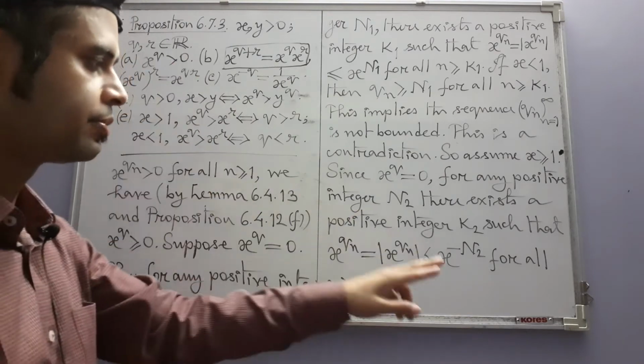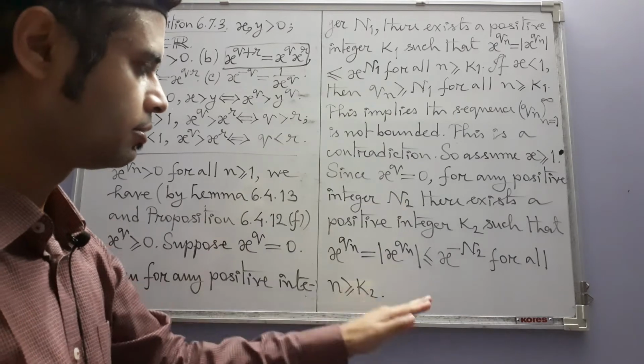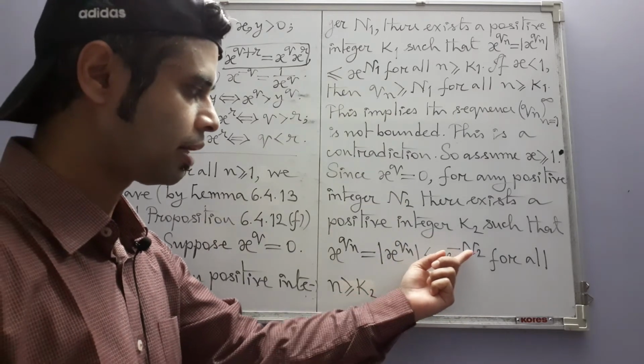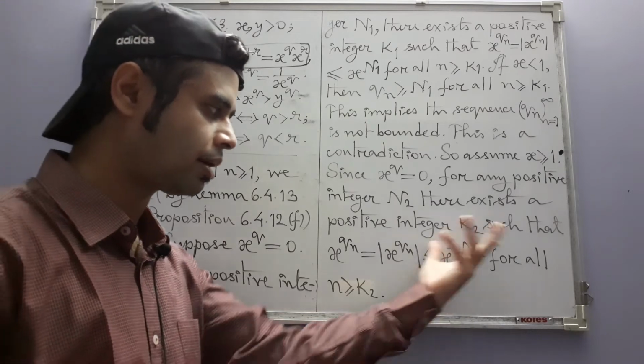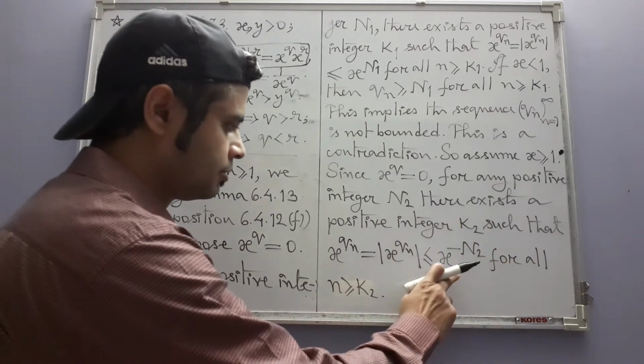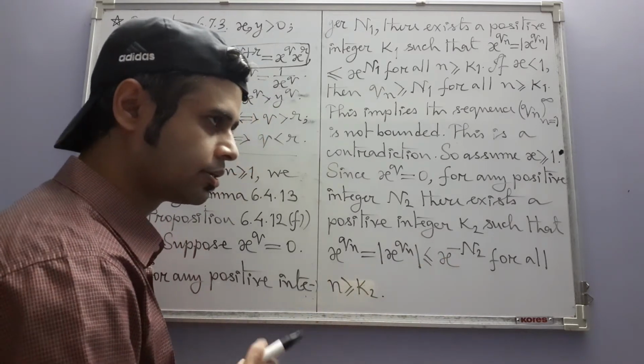Note that just like here we chose this value of epsilon, this also can be chosen in place of epsilon, because although minus n2 is a negative integer, the power x to the power minus n2 is a positive real number. So these inequalities are true, and they are true for n greater than or equal to k2.